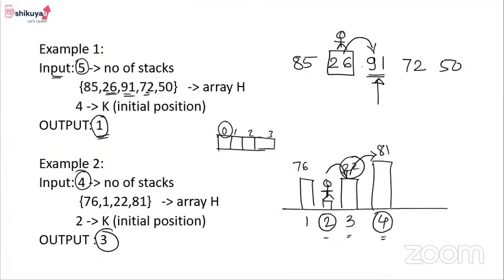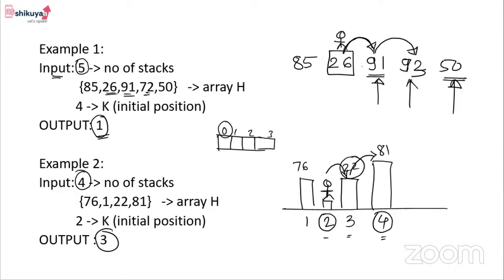Because suppose this is the last stack, and suppose this is 93. When Bob jumps from the 26 stack to the 91 height stack, then he jumps to the 93 stack. Now this is the last stack over which he can jump.